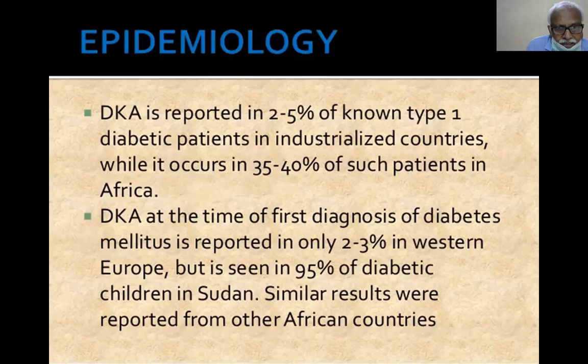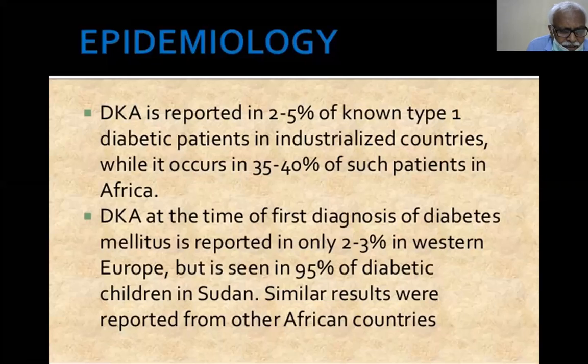Diabetic ketoacidosis is reported in 2 to 5% of known type 1 diabetic patients in industrialized countries, while it occurs in 35 to 40% of such patients in Africa. The people who face a lot of famine, poverty, starvation in childhood, they are more likely to develop diabetic ketoacidosis and even diabetes also in adult stages.